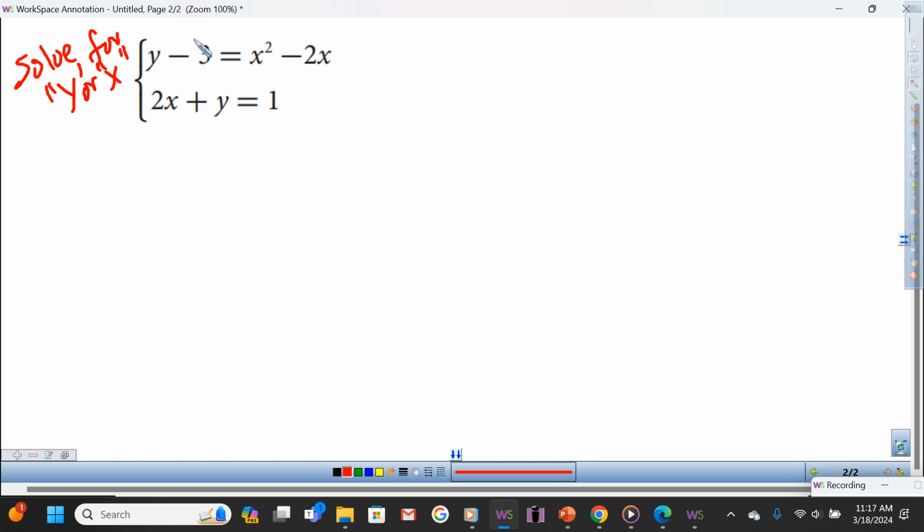So look at these two. Look at the first equation. That means we can either leave x by itself or y by itself. Look at the second equation. We can leave x by itself or y by itself. So you need to make a decision. First, pick an equation, and second, pick the variable that you want to leave by itself.